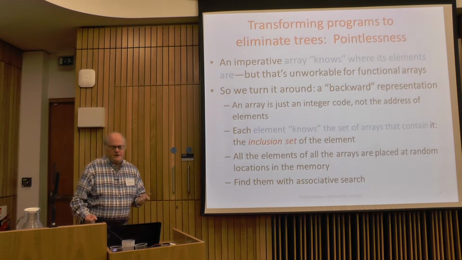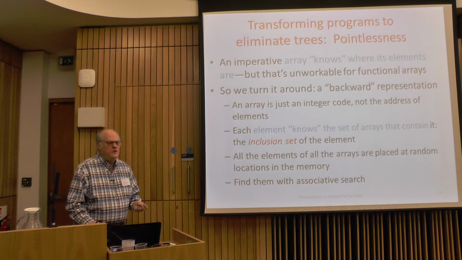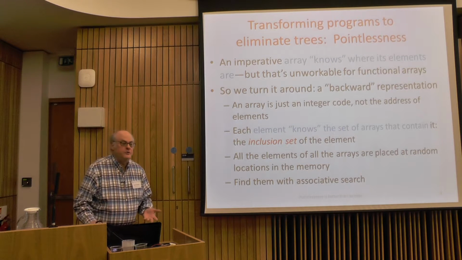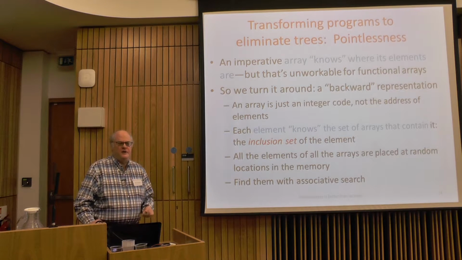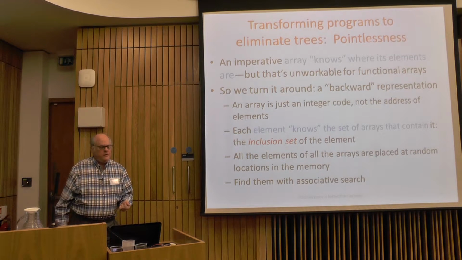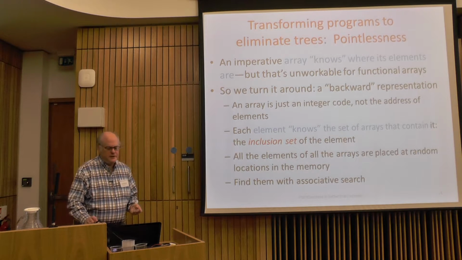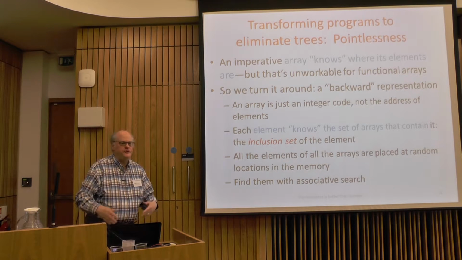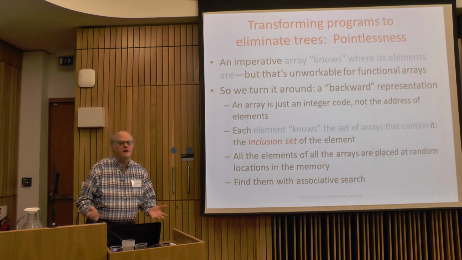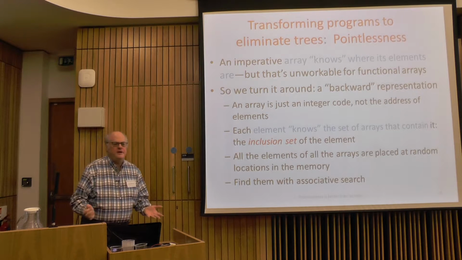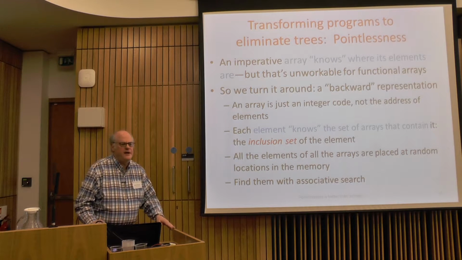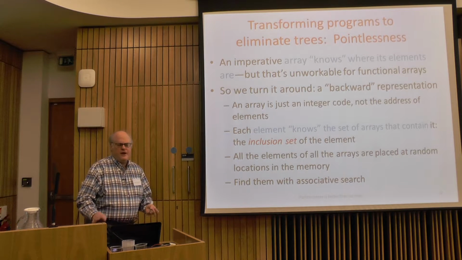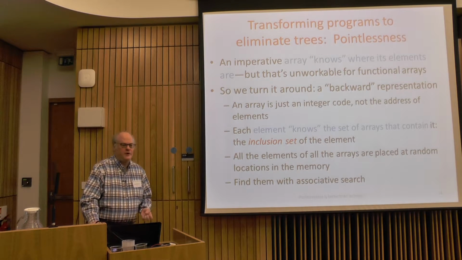One way to think about it is that a conventional array knows where its elements are. Given the address of the array, you can do some arithmetic and find out where the ith element is. I'm going to turn this around completely. So an array is going to be represented by a handle, which is just a random number, like 39, and it has no meaning. You can compare it with another array handle, but there is no useful computation you can do on it. And that array does not know what its elements are.